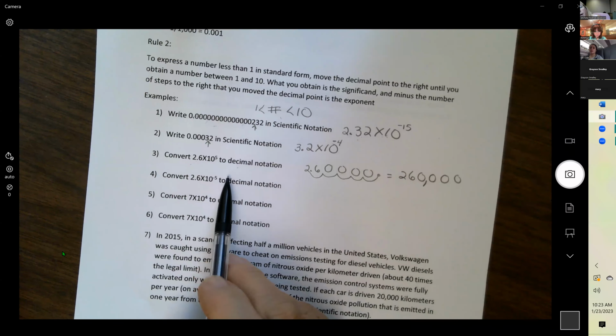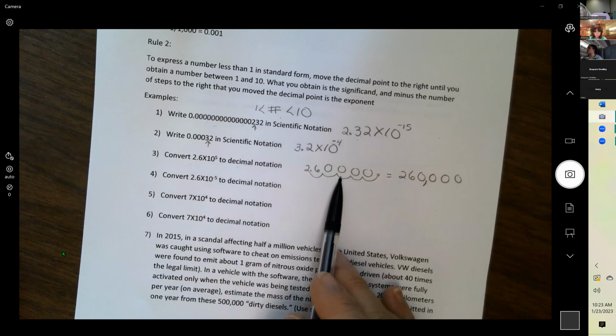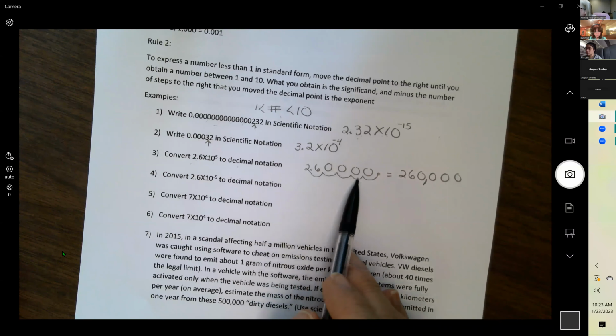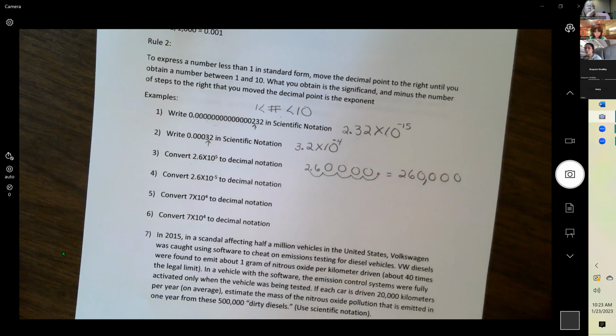So that 5 made this bigger by 5 place values. 1, 2, 3, 4, 5. Any questions on that?